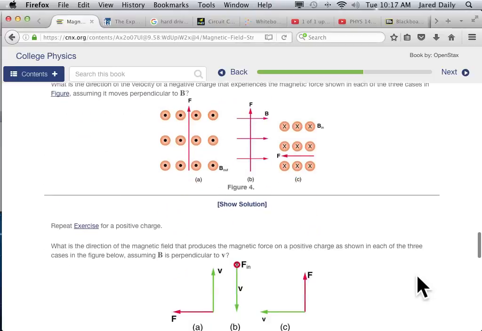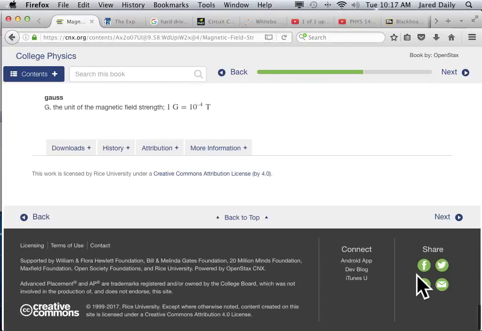So, just to clarify, the field does work in that direction, but the right-hand rule is just how we remember where it's going. We had to think of something, and this is what they thought of.